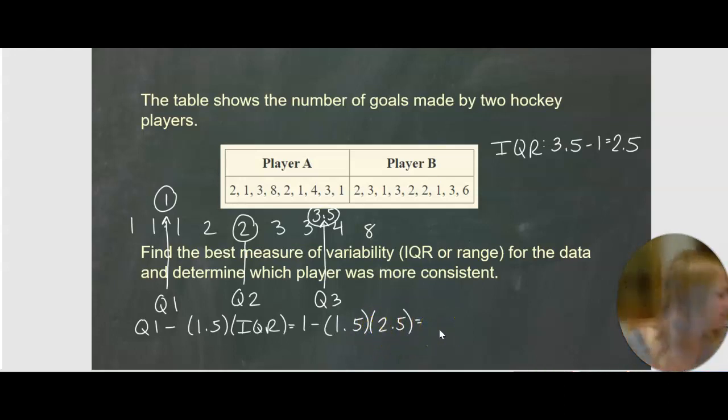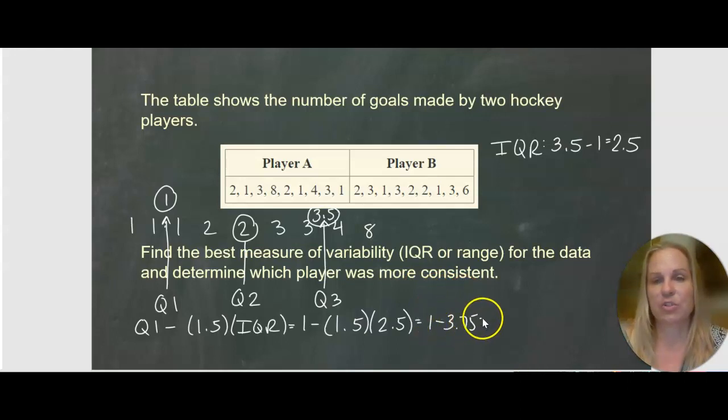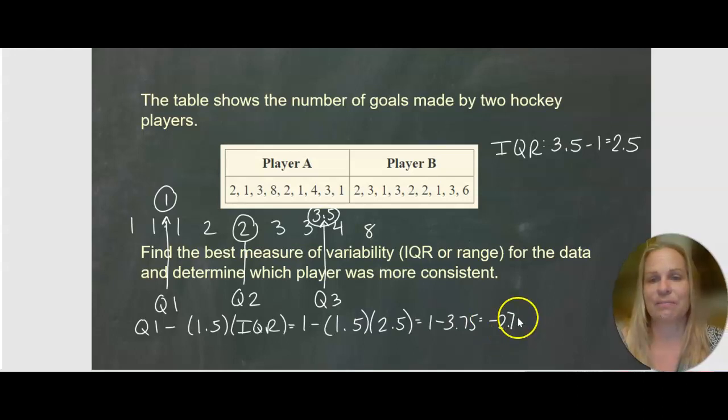and that is 1.5 times 2.5 is 3.75. So 1 minus 3.75, which is negative 2.75, right?